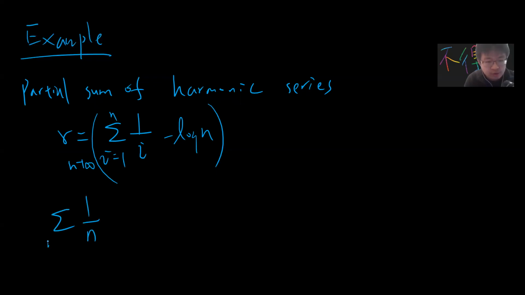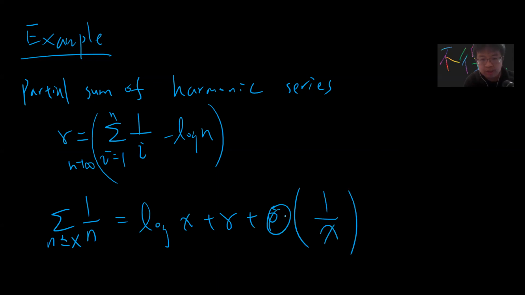Our goal is to bound this. The result will be log x plus gamma plus big O of 1 over x, and we are going to do this using the Euler summation formula.